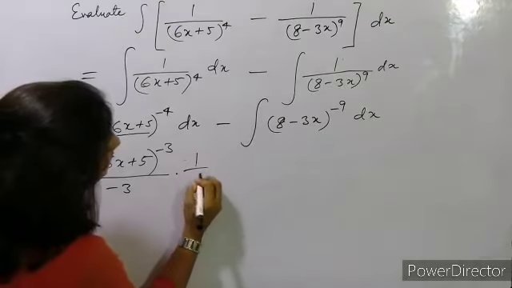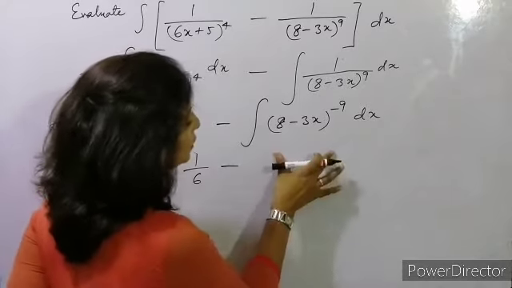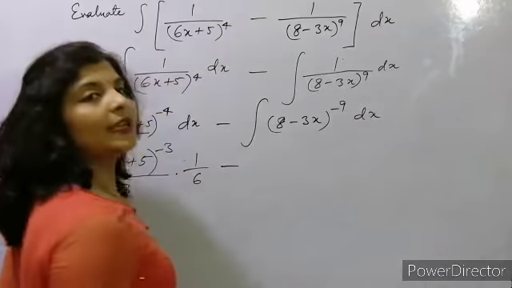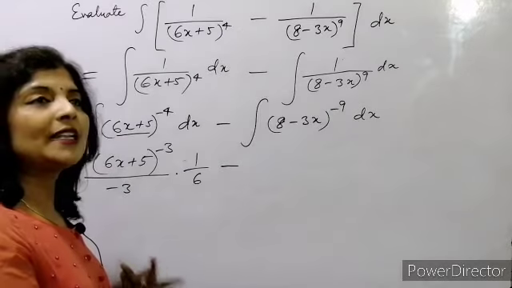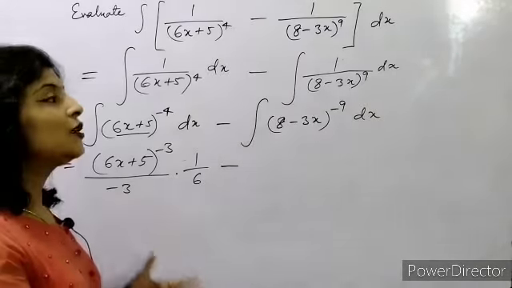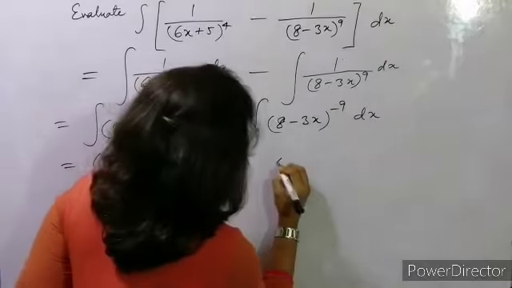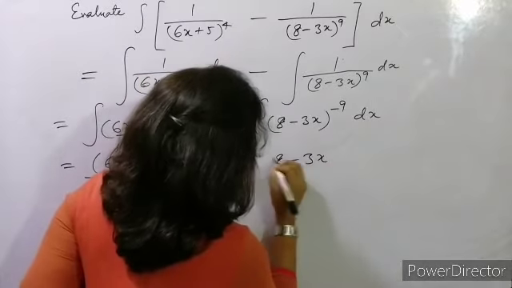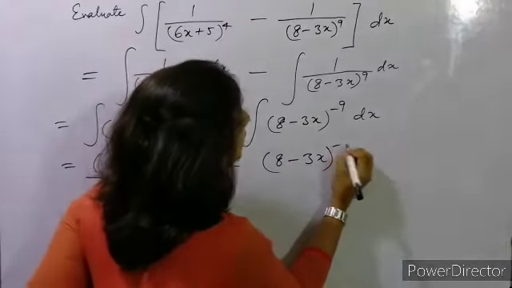So 1 upon 6. Okay, now minus, now for this one we'll do, here the power is minus 9. For differentiation we'd subtract 1, so it would be minus 10. But in case of integration we have to add 1. So it will become (8 minus 3x) to the power minus 9 plus 1, which is minus 8.